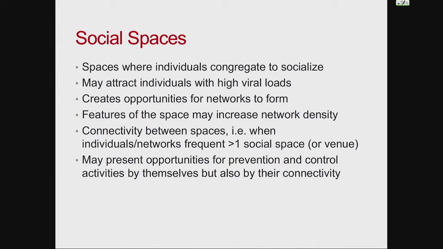And then there are physical venues or spaces. You may go to a bar or a club. You may go to a park. You may go to a street corner. These are places that we regularly frequent and meet our friends or meet our sex partners. And these places create opportunities for networks to form, or be maintained or reinforced. Features of the spaces may increase network density.